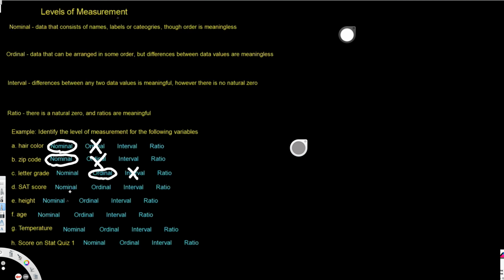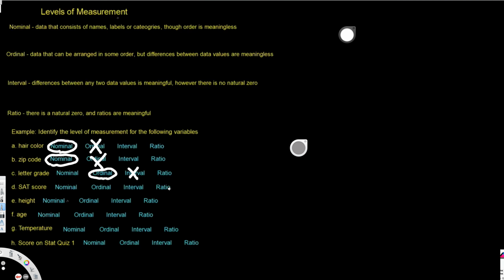Now let's look at the next one, SAT score. So SAT score is nominal because we have different SAT scores, and ordinal because every SAT score has some meaning, right? For example, someone with a higher SAT score is better than someone with a worse SAT score. And interval, there are intervals for SAT score.